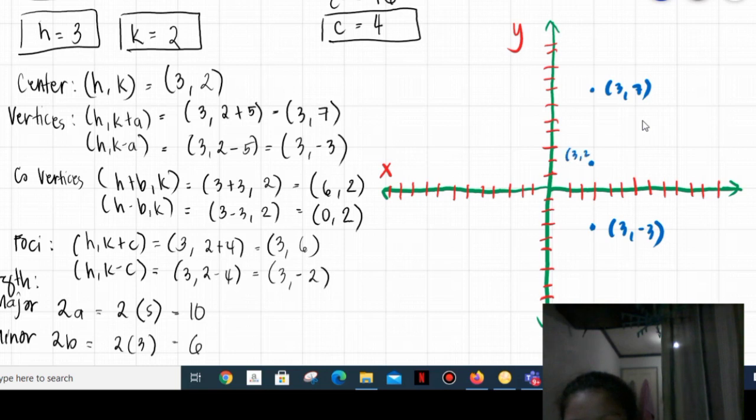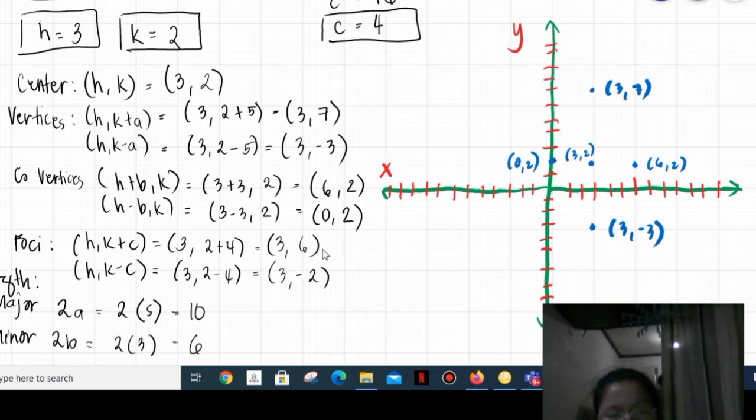Dito na tayo kay 6, 2. Next naman natin is si 0, 2. So, 0, and then 2. Nandito si 0, 2.